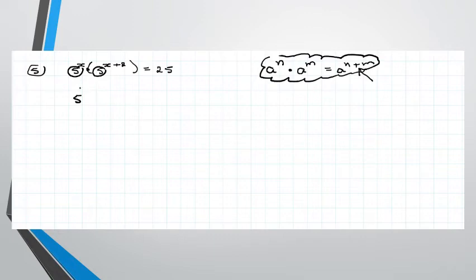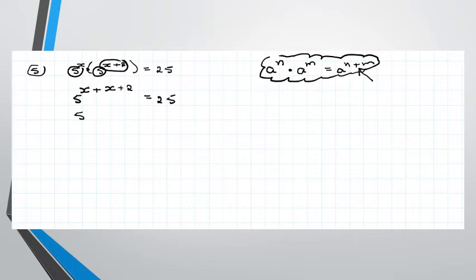So I'm going to have x plus, what must I add? I must add x plus 2. 5^(x + x + 2) equals 25. Now, on the left, do I have like terms? Yes.